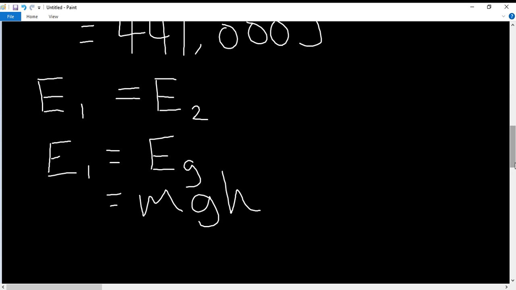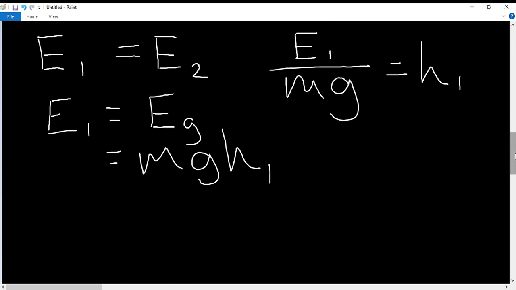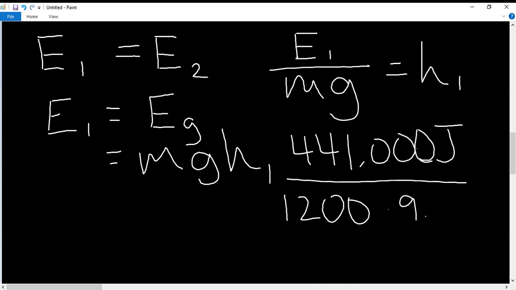Actually, I'm going to rewrite this. So it's energy over mass times gravity should give us our initial height. And so at this point, we just plug in our numbers. Energy at the top of the hill, same as energy at the top of the loop, over mass, which is 1200, times gravity, which we always know as 9.8.